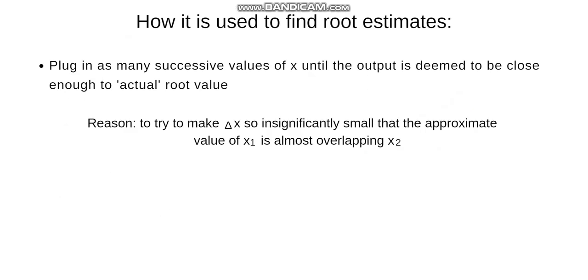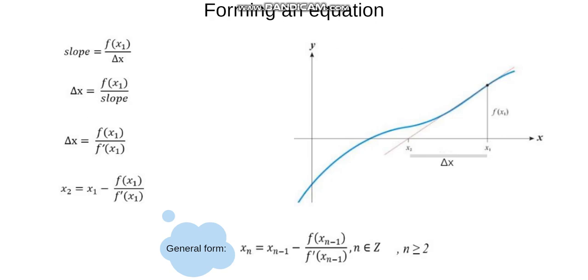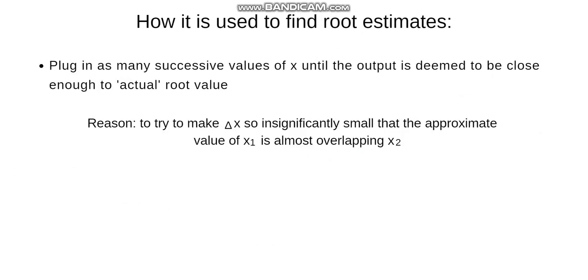So how do you use this formula to find your closest root approximation? You plug in as many successive values of x until your output is so close to the actual root that it's basically the root. So you plug in successive terms, your n increases, and all that.